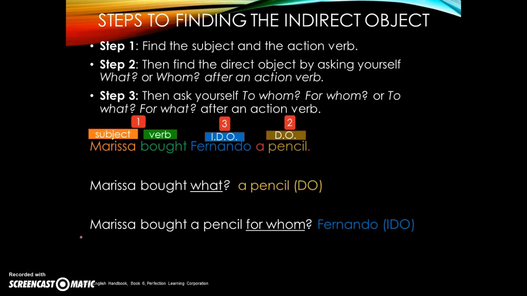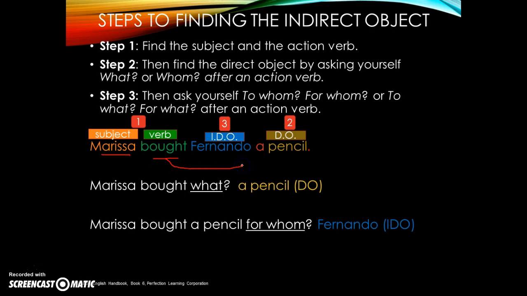Let's do another one. Step 1, again, is to find the subject and the action verb. So our sentence is, Marissa bought Fernando a pencil. So bought is our verb. Who or what bought Fernando a pencil? The answer is Marissa, so that makes her the subject. Then we ask, Marissa bought what?